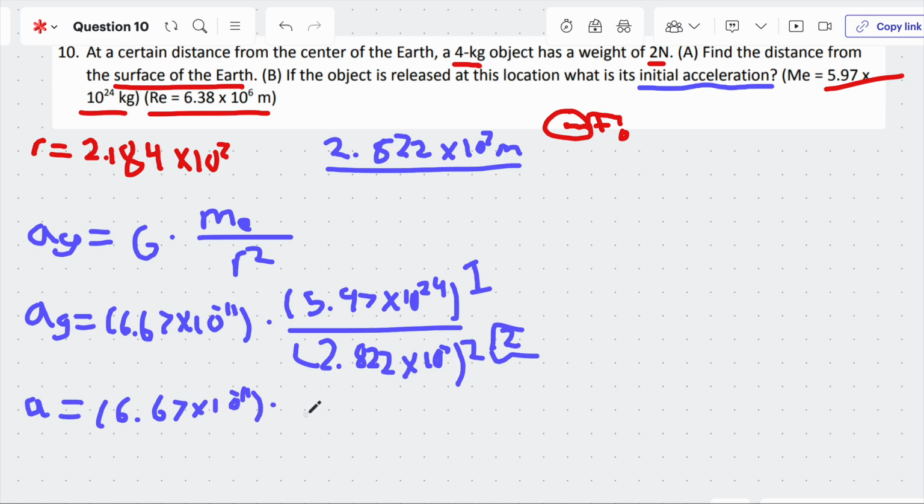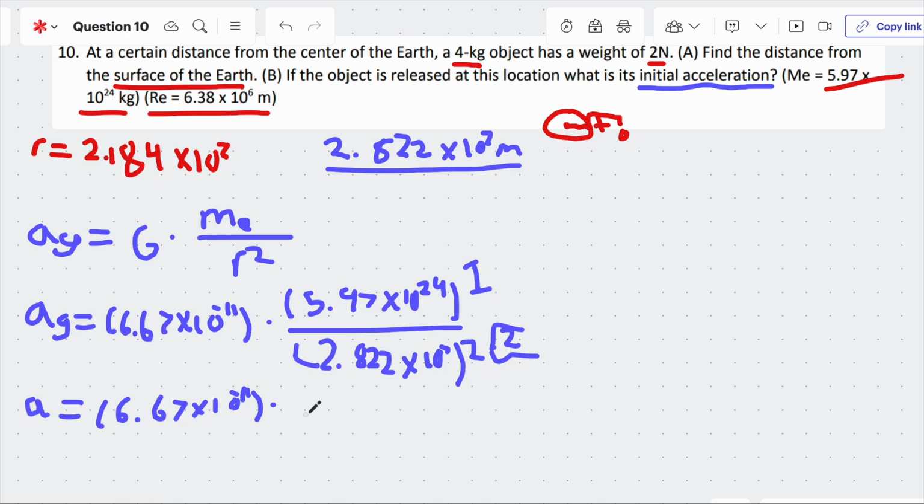Times. Okay. So we are going to have our 5.97, that's not a 4, I promise, divided by 2.822 times 10 to the 7th times 10 to the 7th, close that parenthesis, square all that.